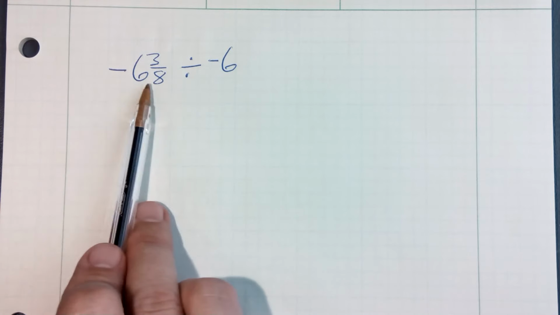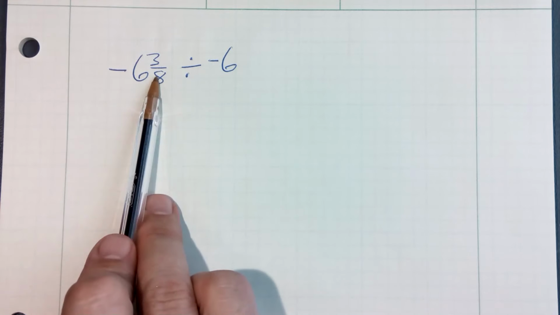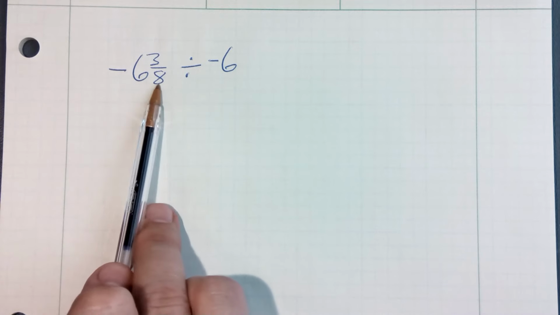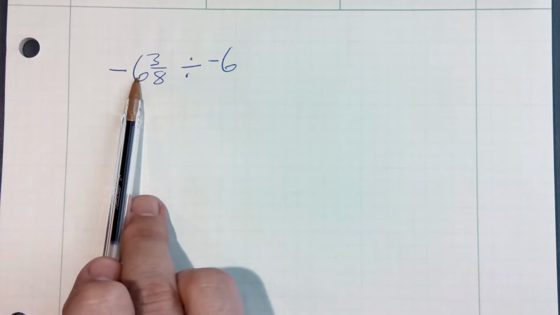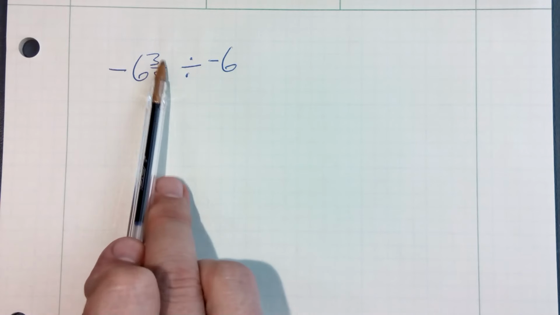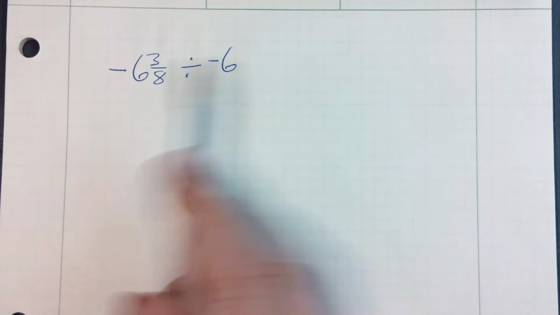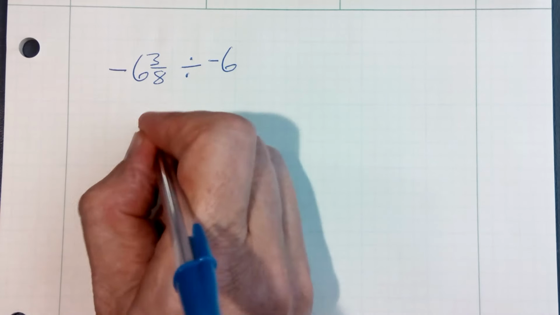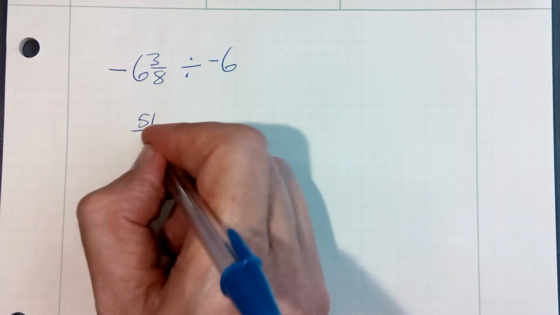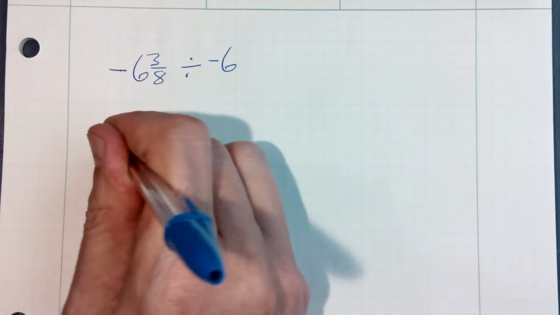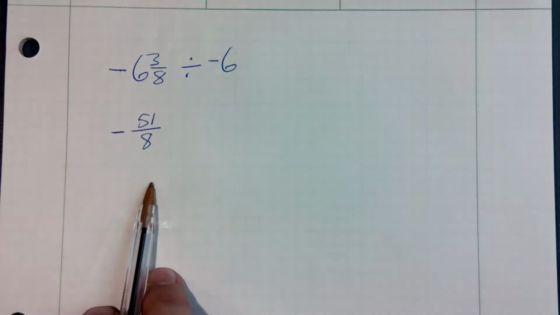I'm just going to convert this to an improper fraction. 6 times 8 is 48, because remember the whole part times the denominator added to the numerator. So 6 times 8 is 48, plus the 3 will be 51 over 8. Now I replace the negative, just to remind myself that it's a negative fraction.